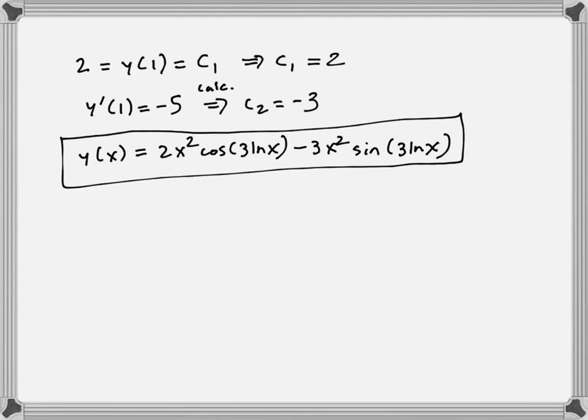Let's do a more involved one. What if we have a non-homogeneous equation? So remember, this is going to be a lot trickier, because we need to combine this with some of the more advanced methods.